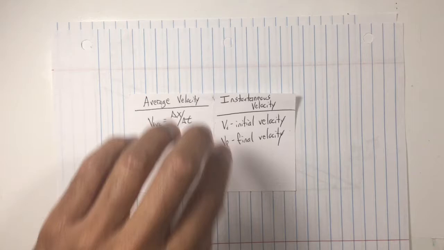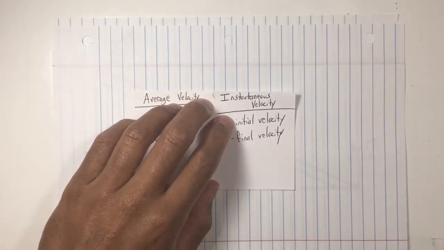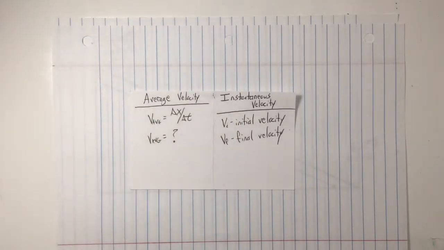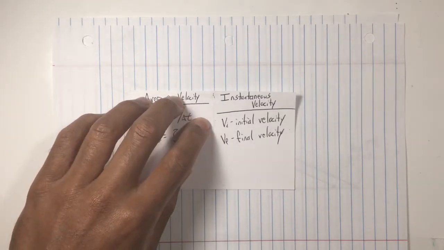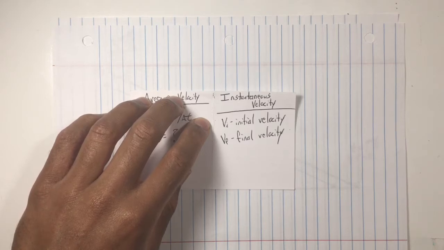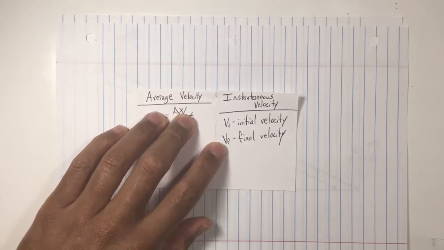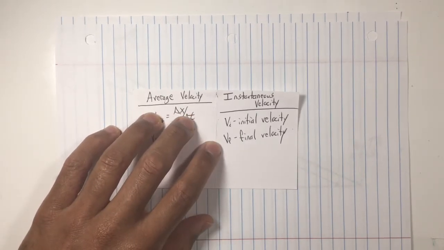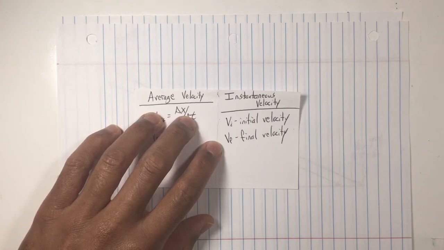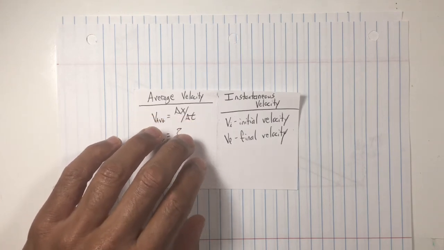An instantaneous velocity would be what is my velocity at this instant of time. For example, the initial velocity would be the velocity at the initial point when t is equal to 0. My final velocity would be what is my velocity at some ending time, say 5 seconds.